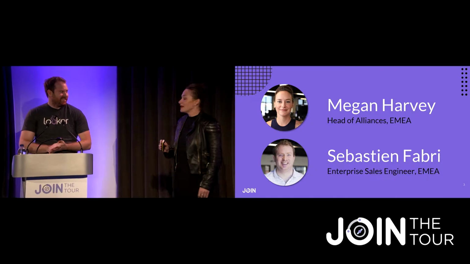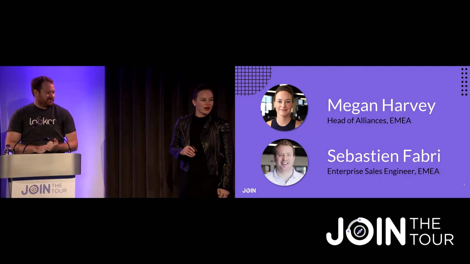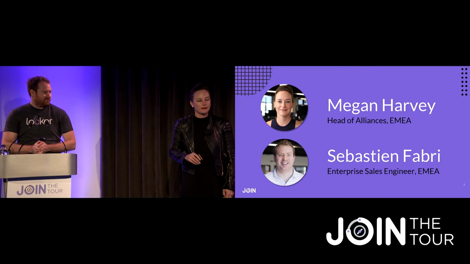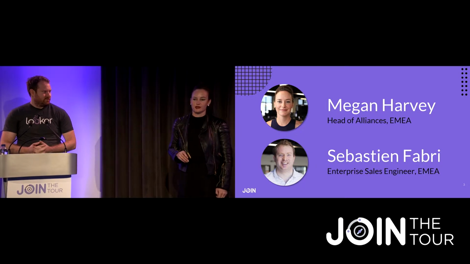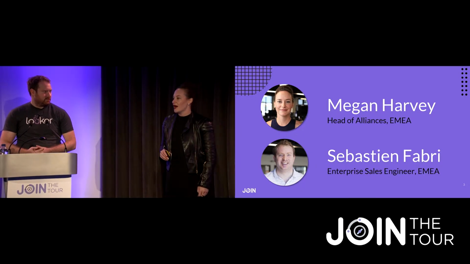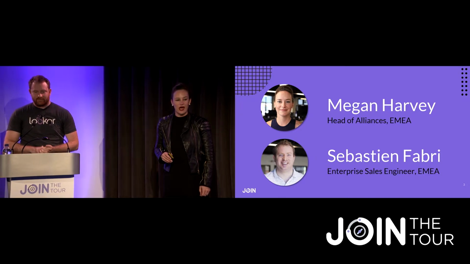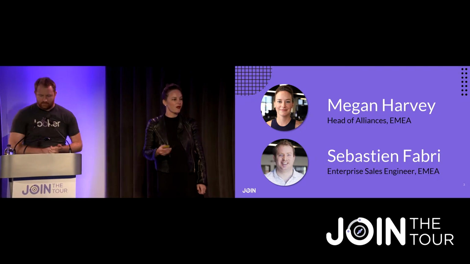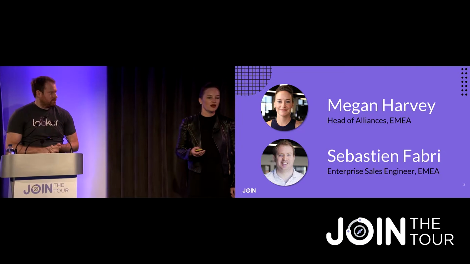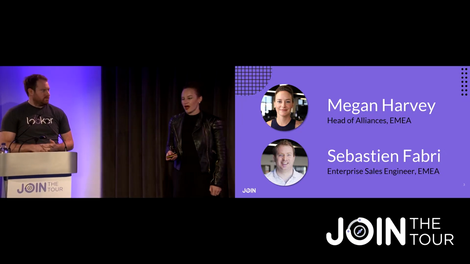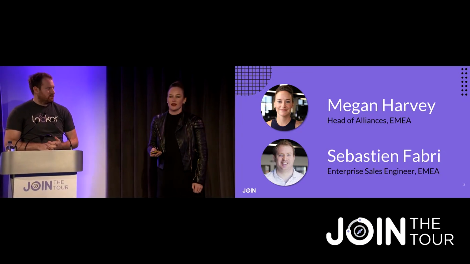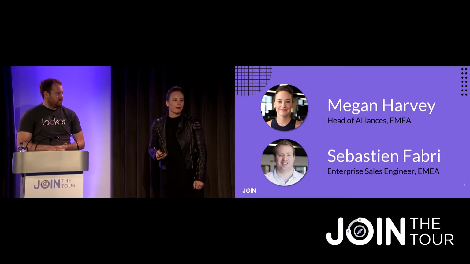I'm not sure. But anyway, as you may or may not know, databases are very important to Looker and to our architecture. We connect directly to the database, and we have customers that come to us with a lot of questions in terms of what database to choose, when to migrate, when to tune it a little bit better, things like that.